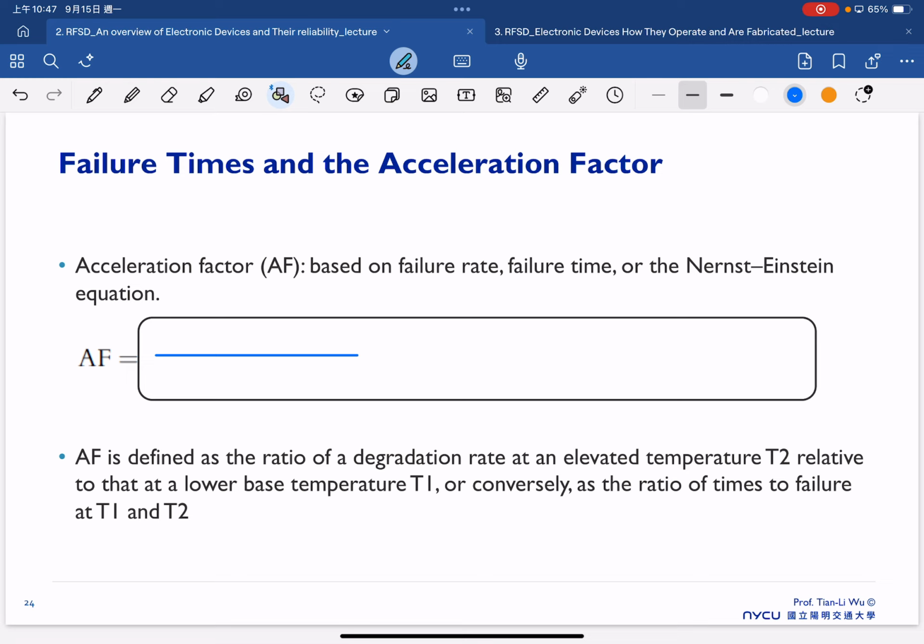The acceleration factor is defined as MTTF at T1 over MTTF at T2. Just put the previous equation here, and then you can have this equation coming out.